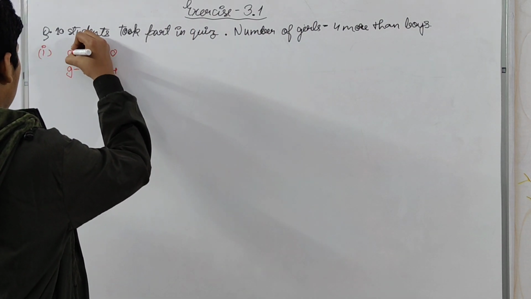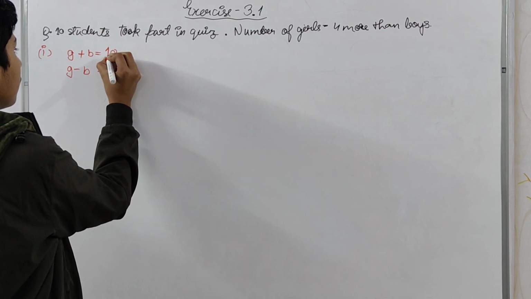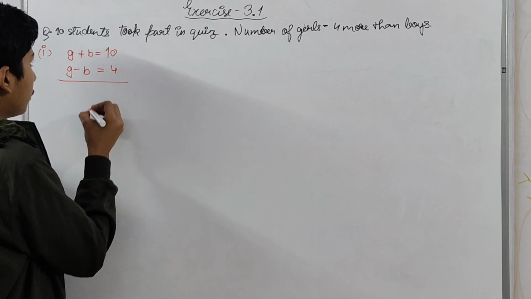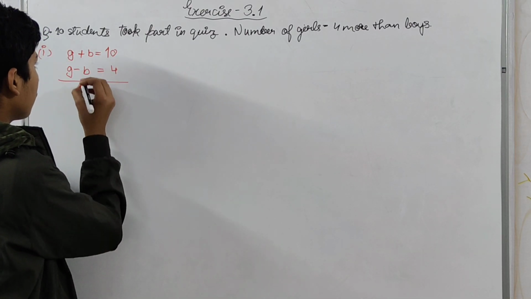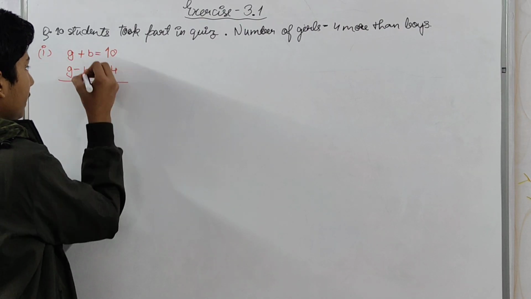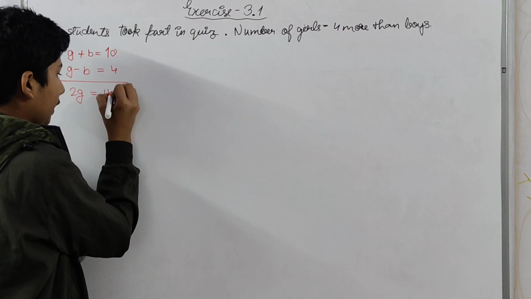So let's write G plus B, and G minus B is 4. So when we solve it, by the elimination method this B gets cancelled. 2G equals 14.